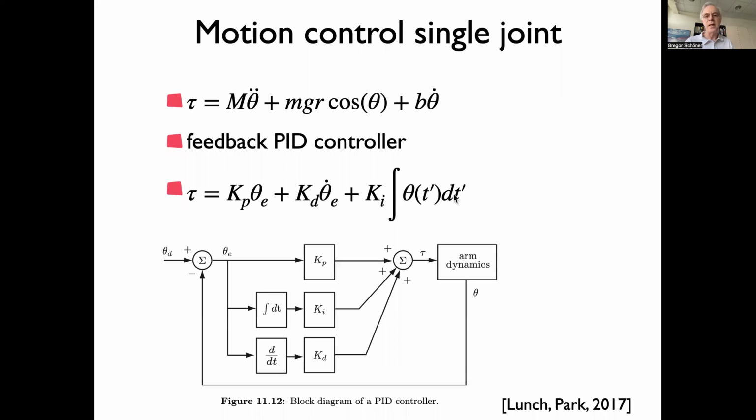Then the error wouldn't average in time to zero. If you accumulate the error over time, it would lead to something non-zero. And then the integral controller will counteract that; it would try to get that integral to zero. So it can counteract systematic errors.